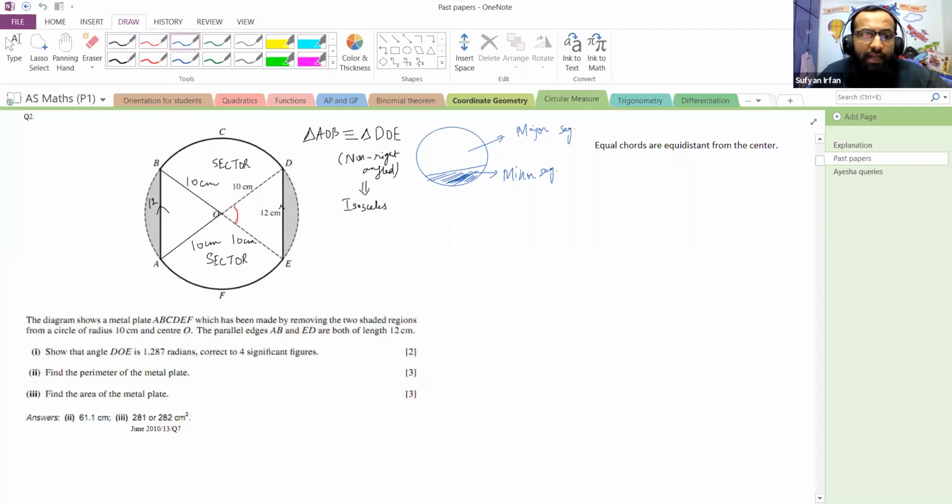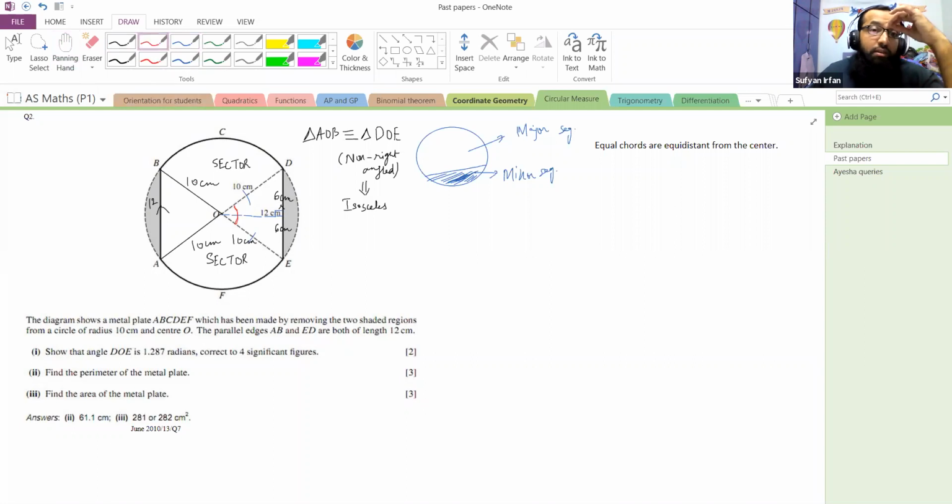So now over here, as we know that OD and OE are equal, if we drop a perpendicular, then the base will be bisected, and bisect means to cut into two equal halves. So this is 6 centimeters, this is 6 centimeters, right? This is 6, this is 10, this is 6, this is 10.